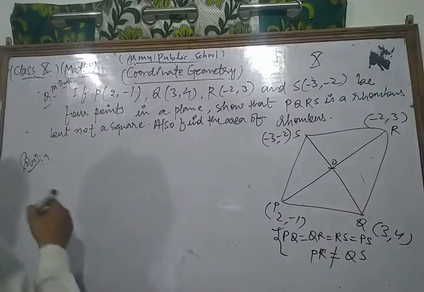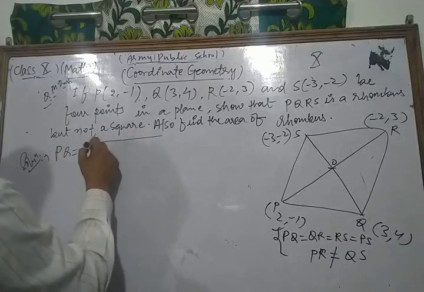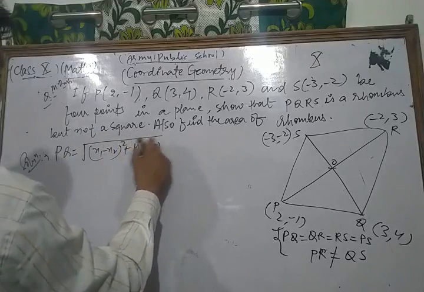First of all, we find distance PQ. For distance PQ, we apply the same formula: square root of (x1 minus x2) whole square plus (y1 minus y2) whole square.